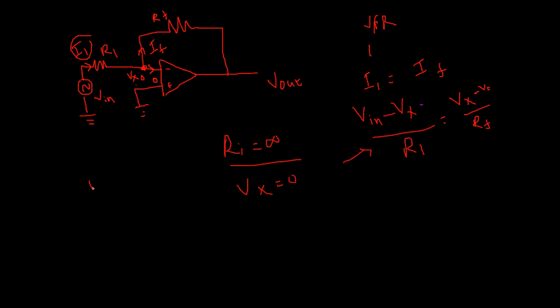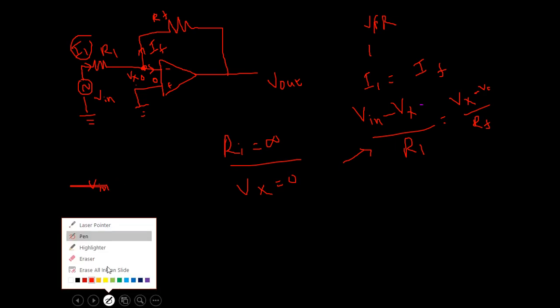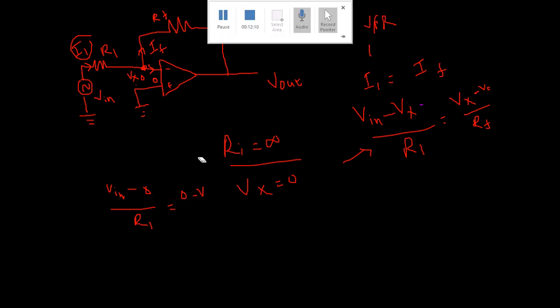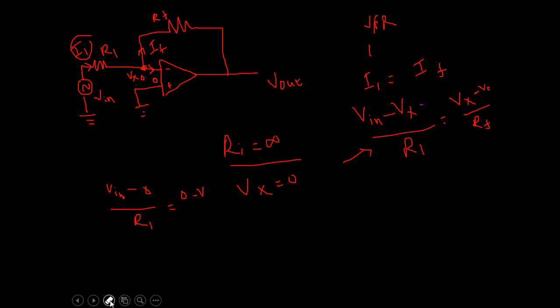You will get V in minus 0 divided by R1 is equal to 0 minus V out divided by RF.